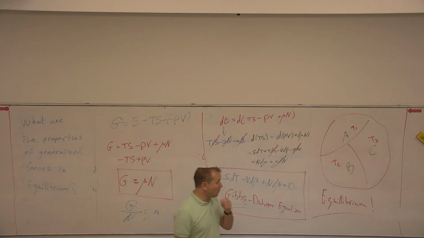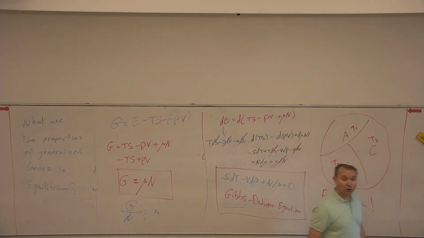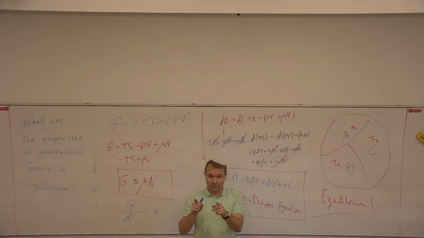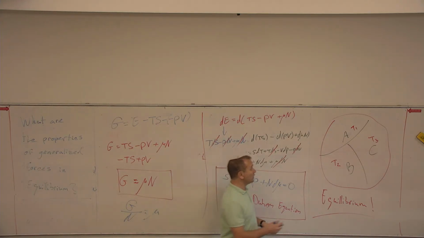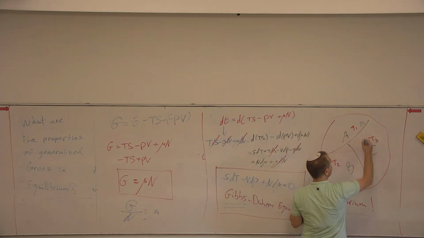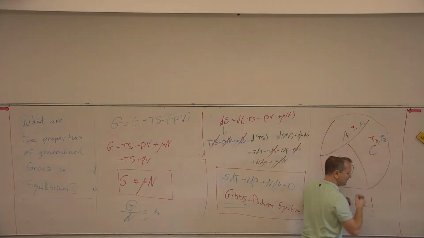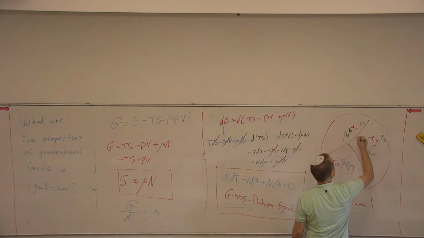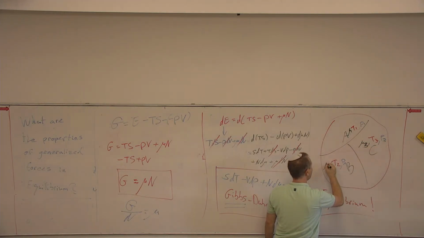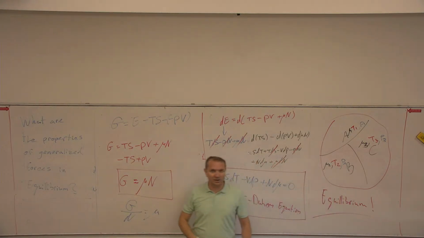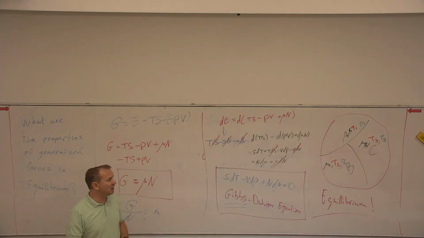Okay? But the same argument can be extended to any other intensive variable. So if I have P1, P2, and P3, and also mu1, mu2, mu3, those are my intensive variables, my generalized forces.